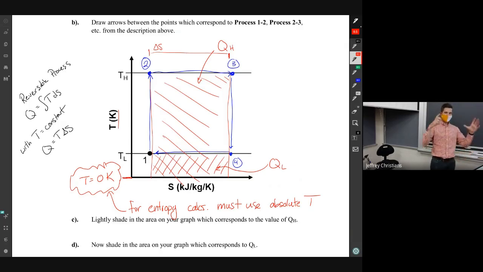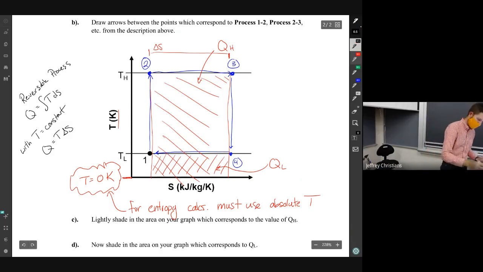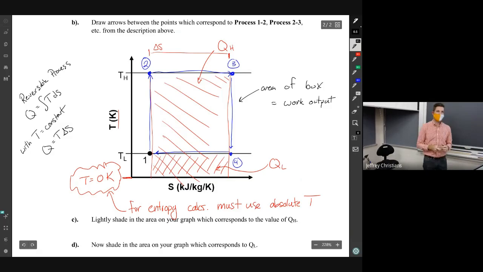The difference is the area of the box itself. So the area of the box itself is equal to the amount of work that you're getting out of this Carnot cycle.